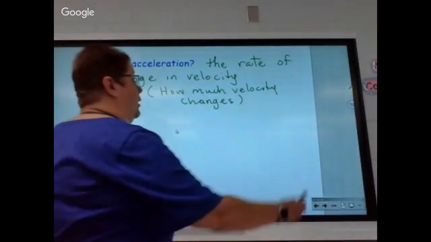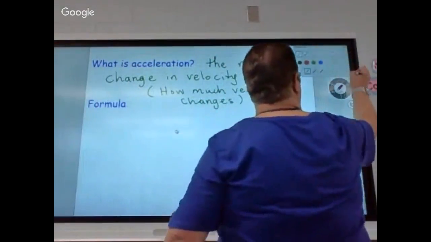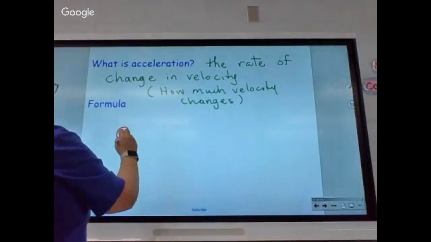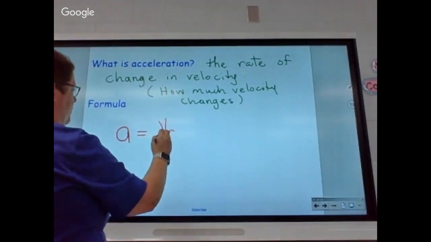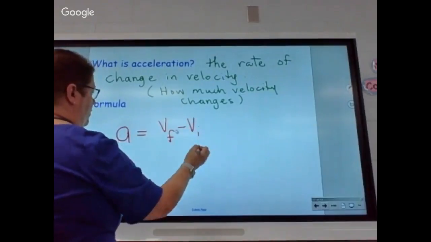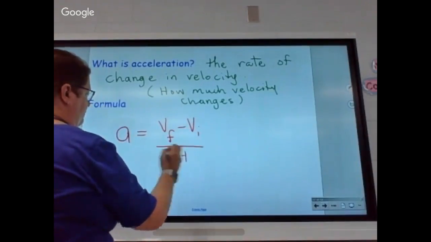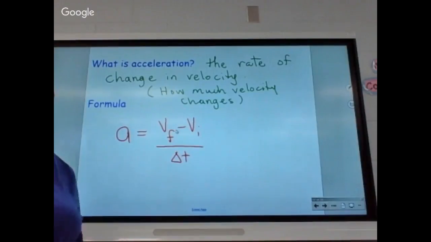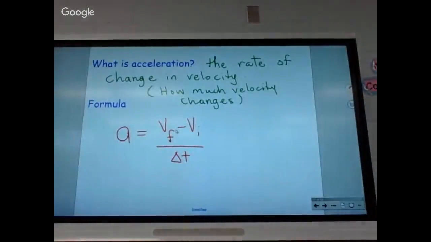They have given you the formula as A equals VF minus VI over delta T. Okay? A equals VF minus VI over delta T. That seems so confusing. I bet you it's easy.